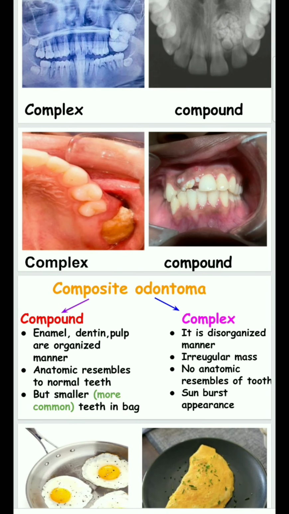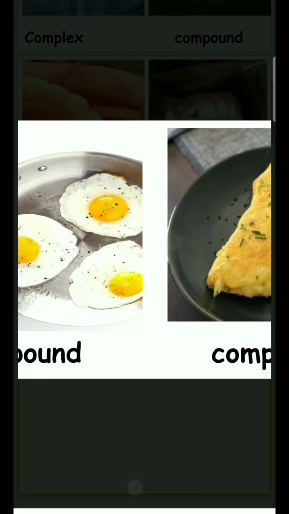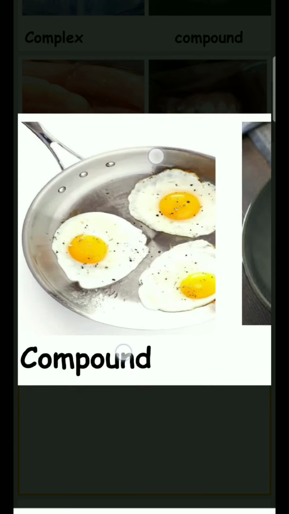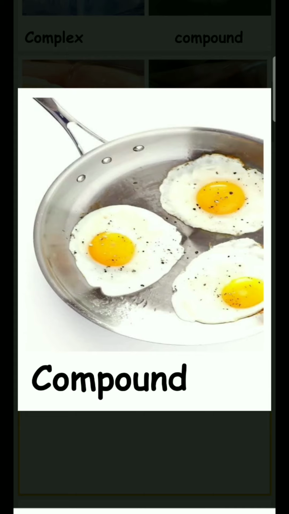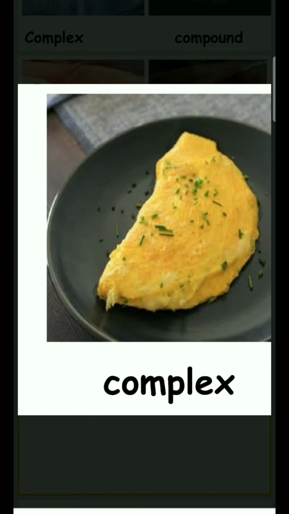It is divided into two types, compound and complex. For better understanding, the compound type is like a half-boiled egg in a pan. Here is the enamel and dentin, here is the pulp. But the complex type looks like an omelette, a mixed manner.